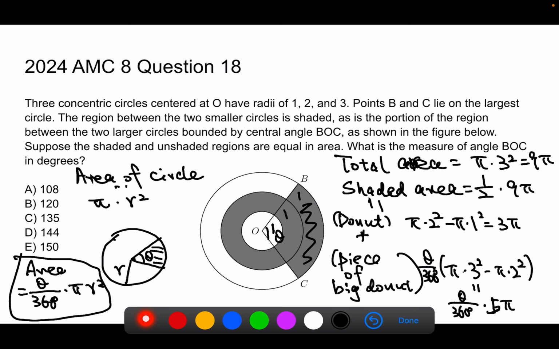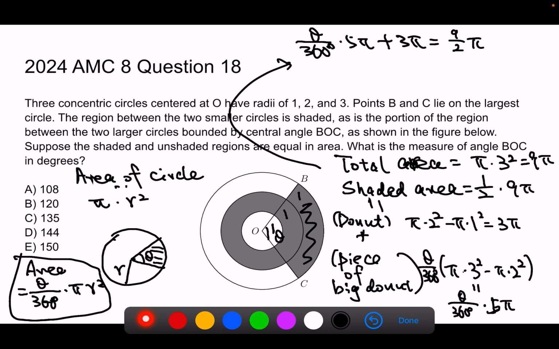All right, their sum is equal to 9 pi divided by 2. So if I'm going to write out this as an equation for theta, what I'm going to get is this. Theta divided by 360 times 5 pi plus 3 pi equal to half of 9 pi. Let's make it easy, just 9 over 2 times pi.